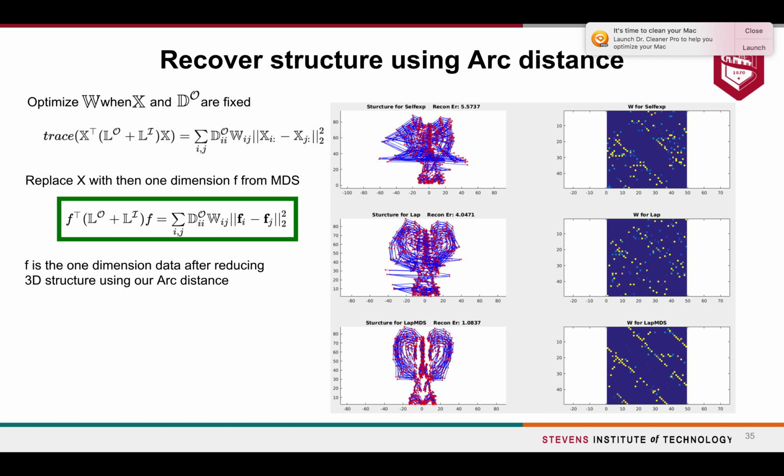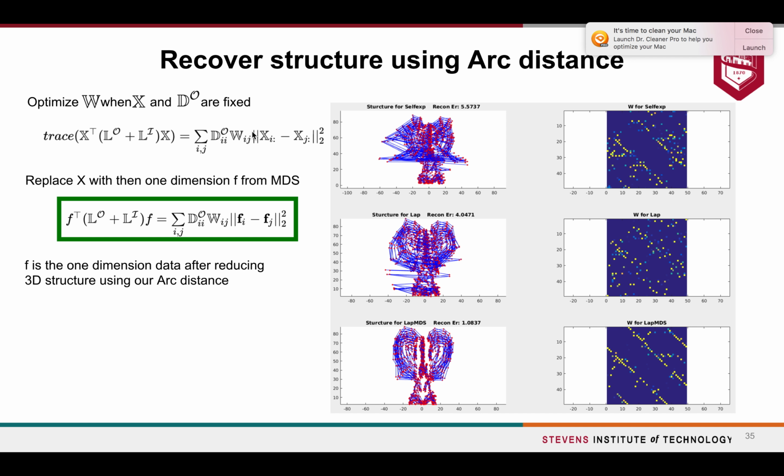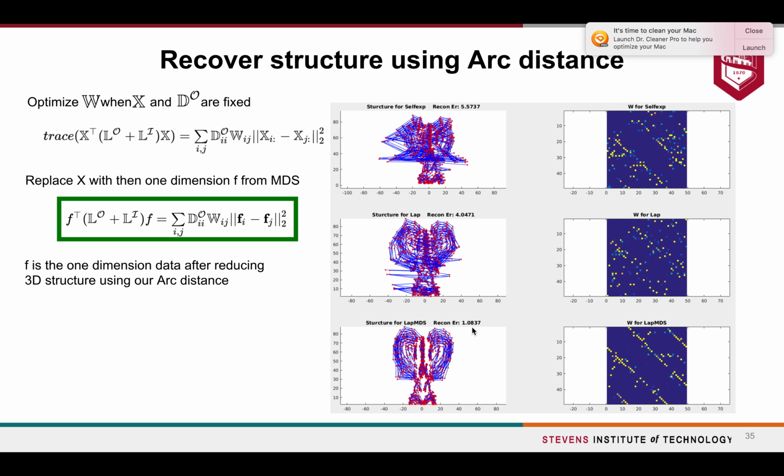And you can see here that self-expressive and our method using X fail to reconstruct. They have a lot of error, and the width function is really far away from the ground truth, which can represent the ordering. And using this f, we can reconstruct a much better structure, with an error of only 1 centimeter.